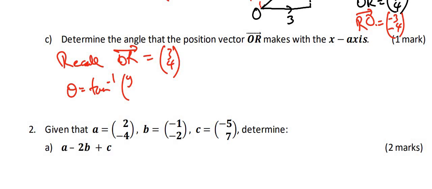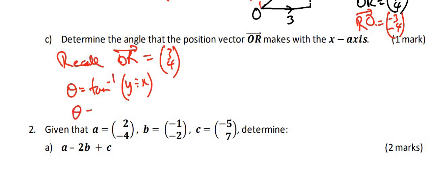Let me write that differently so you don't get confused with the column vector format. This is just so that your calculator can work out the division of the two components first and then find the inverse of that answer.